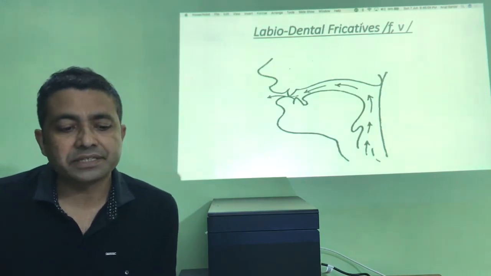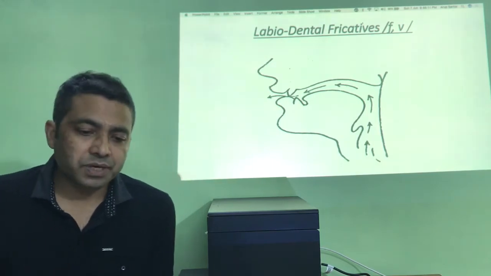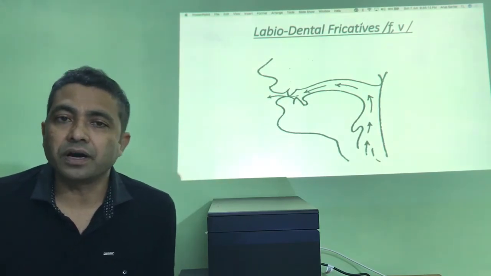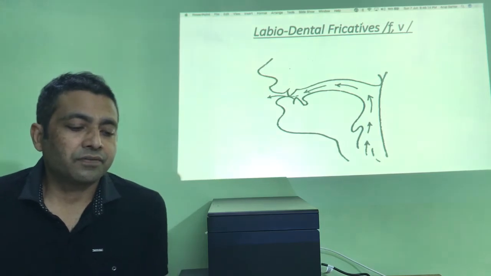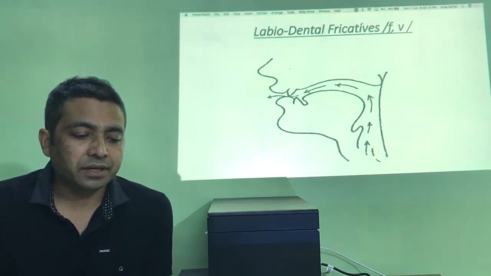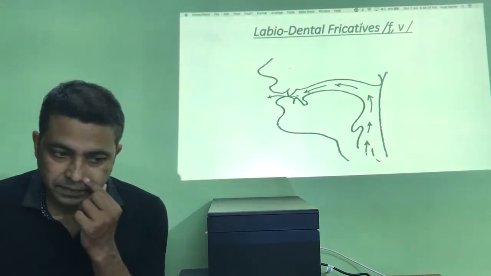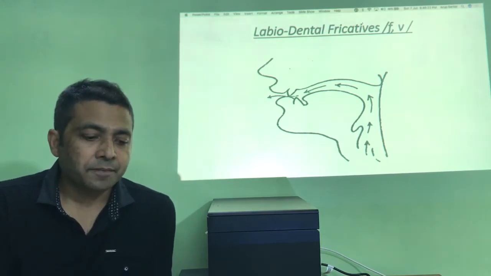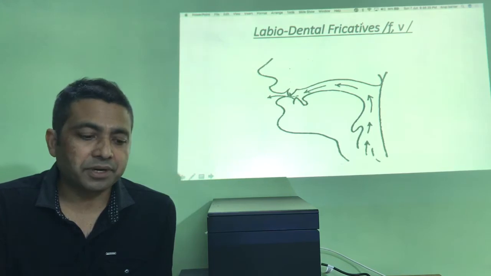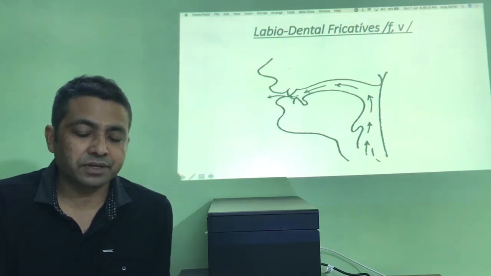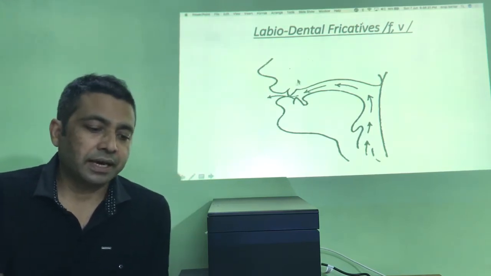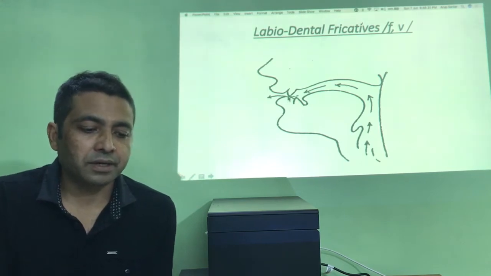Then we have labiodental fricatives. Two sounds are labiodental fricatives, /f/ and /v/. The place is labiodental because the lower lip comes in contact with the upper teeth. So it is named after the teeth and lip, labiodental.